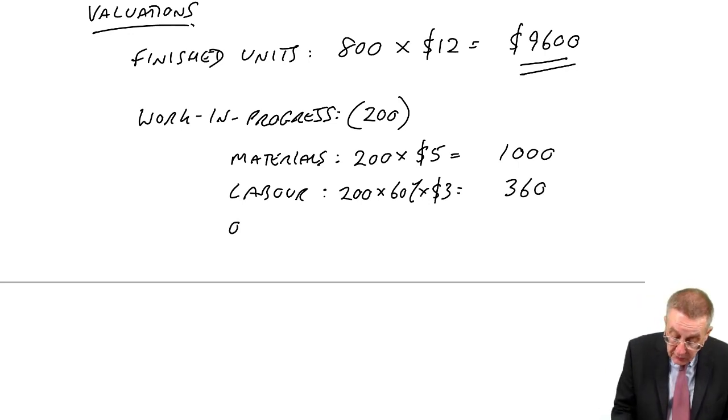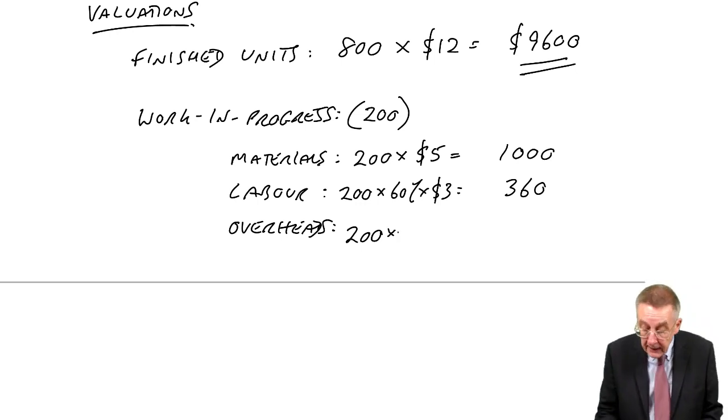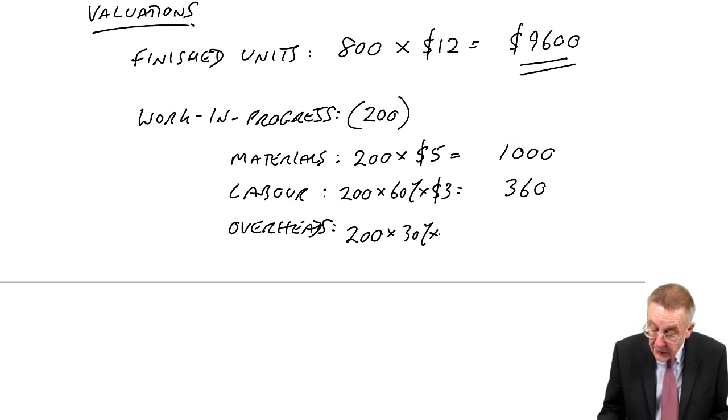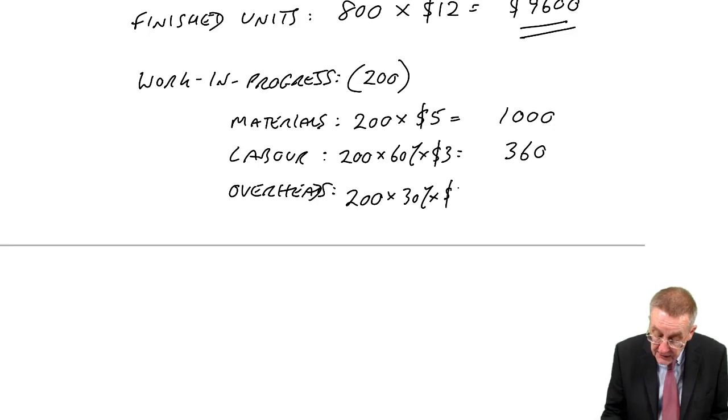And finally, what about the overheads? Again, there were 200 units, but since they've only had 30% of the work, we'll only value them at 30% of the unit cost, which for overheads was $4.